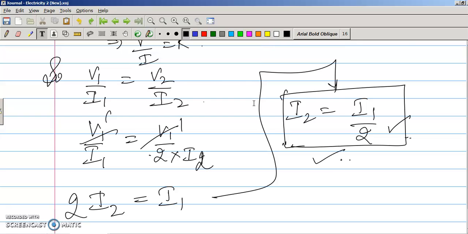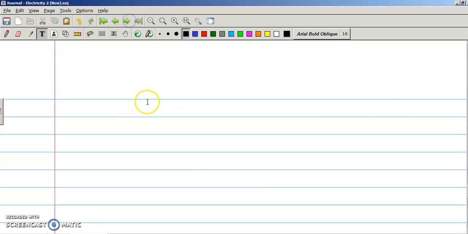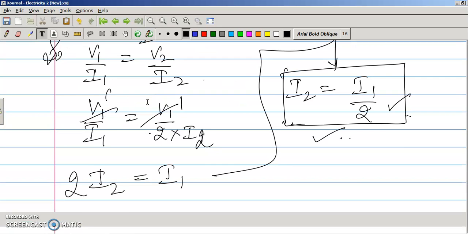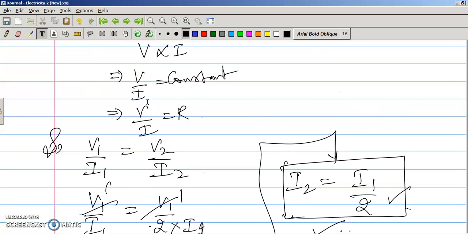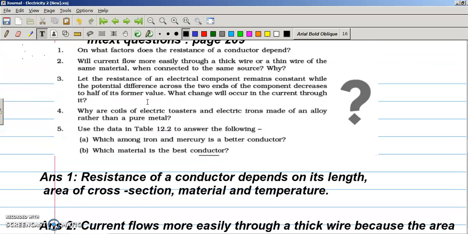Good. Now we move to the next one. The fourth question: why are coils of electric toasters and electric irons made of an alloy rather than a pure metal?